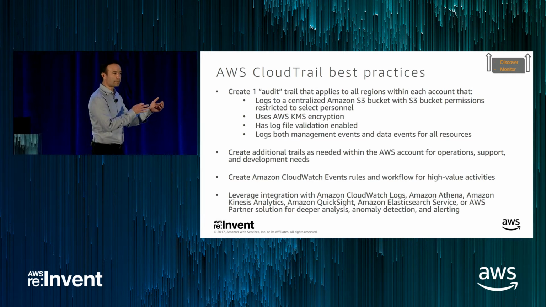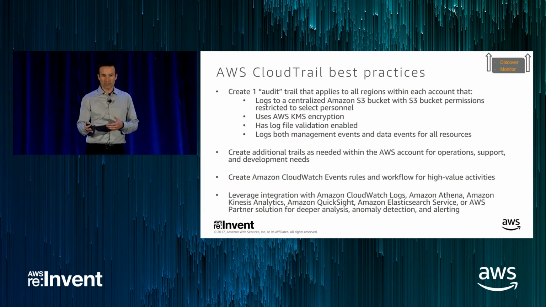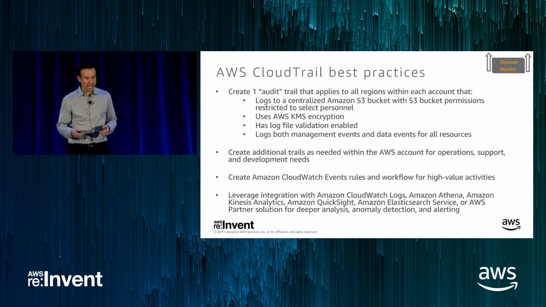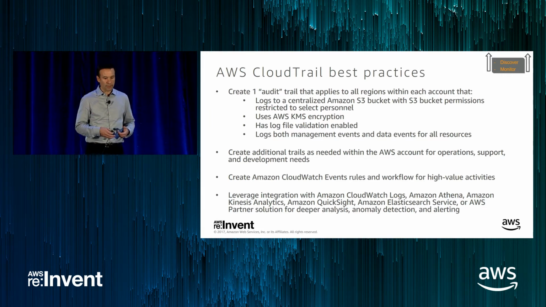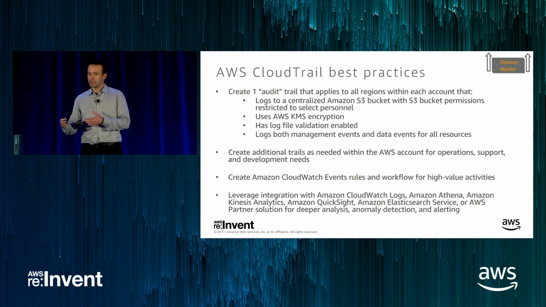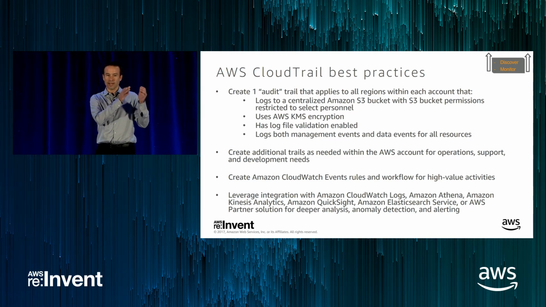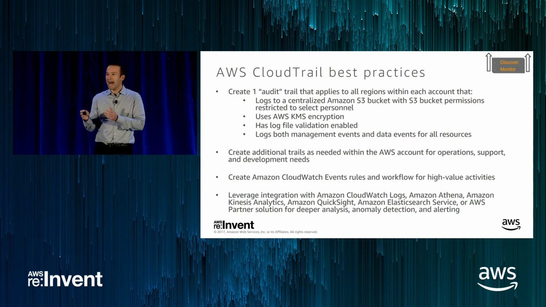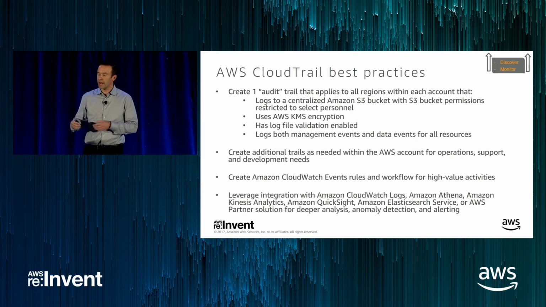Once you've got that established, you can then create secondary trails and point those to local S3 buckets within the account, and use those for things such as operations, support, or DevOps. That way, those teams aren't trying to access your secured, lockdown, centralized security logging, but they've still got the access they need to do their jobs.